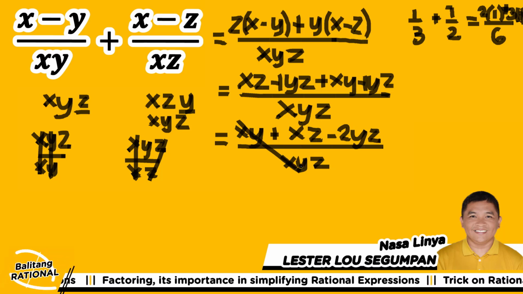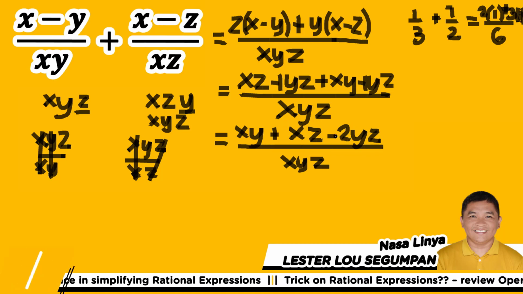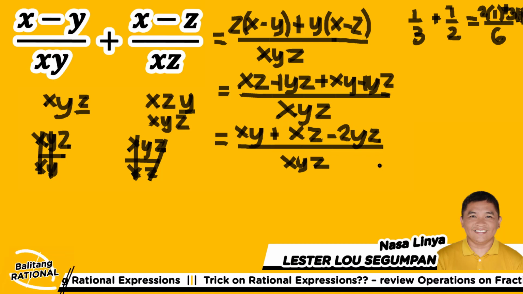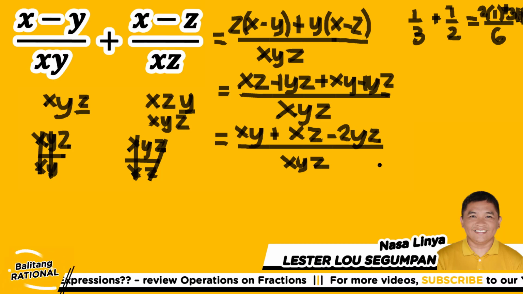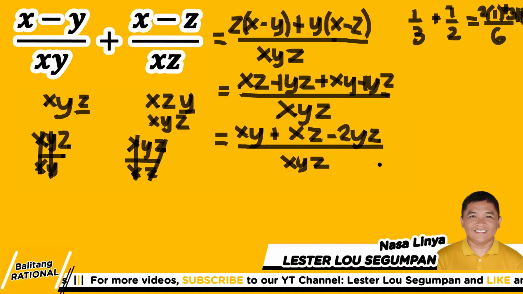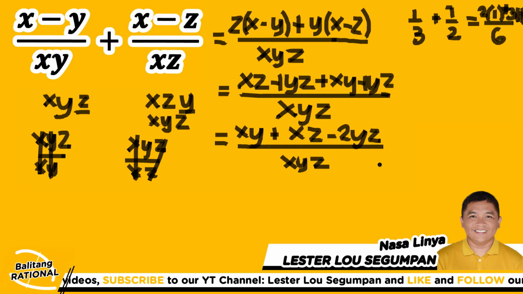Kasi nga po, yung mga terms ng ating numerator are separated by addition and subtraction, not multiplication. Ito po yung sum or the result for adding x minus y over xy and then x minus z over xz. We use the concept of LCD for variables, equivalent fractions or equivalent rational expressions, and we simplified what can be simplified.